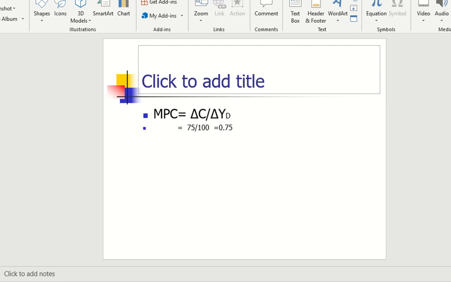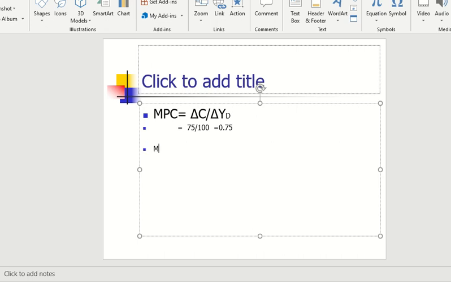So what that means is when you calculate the marginal propensity to consume, that's 75, which is the change in consumption, divided by the change in disposable income. Be very careful here. We are using the change, not the level of consumption and disposable income. Okay? So you find that the marginal propensity to consume is 0.75.